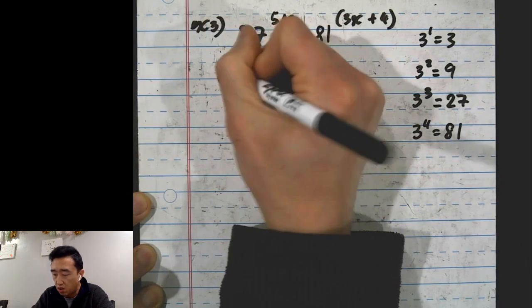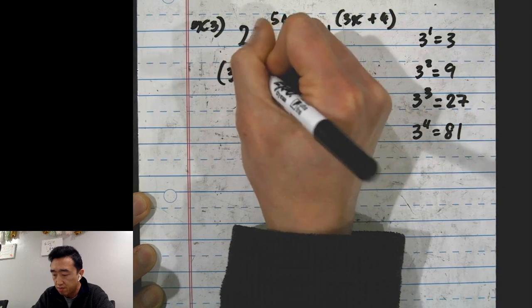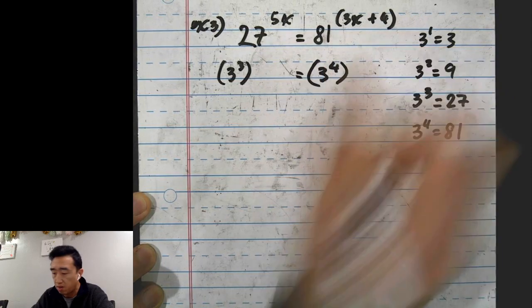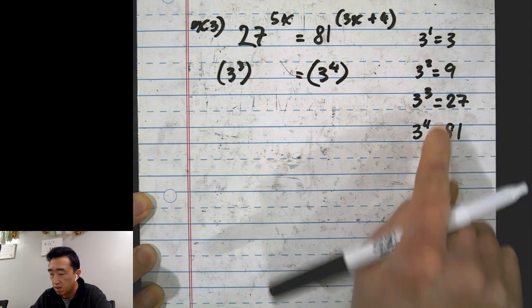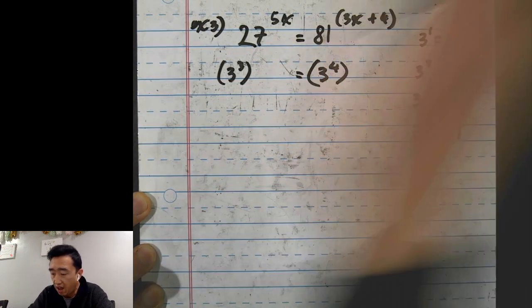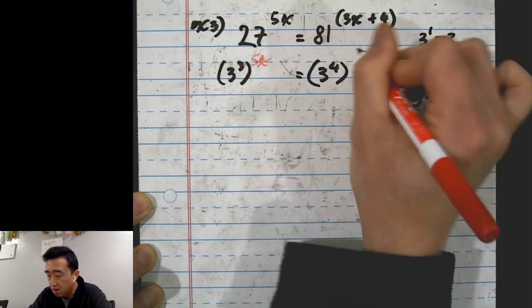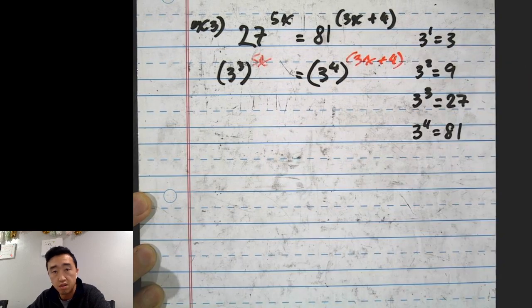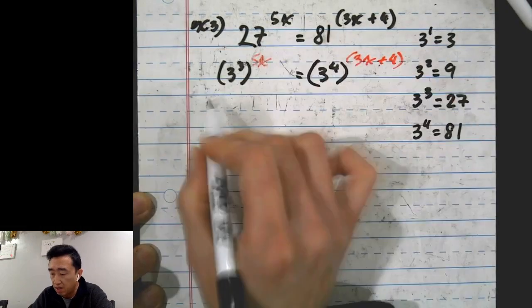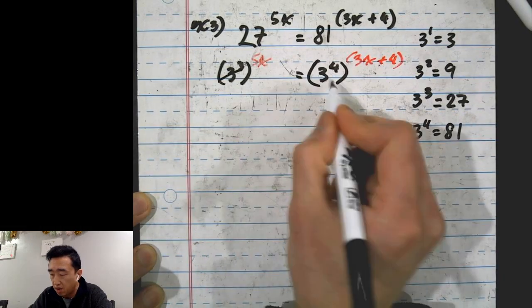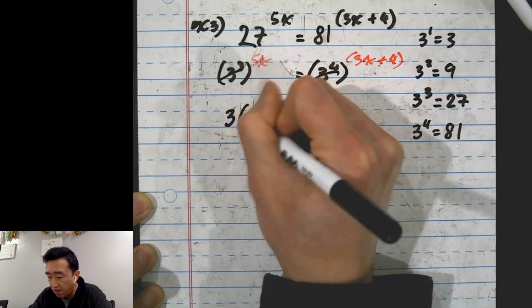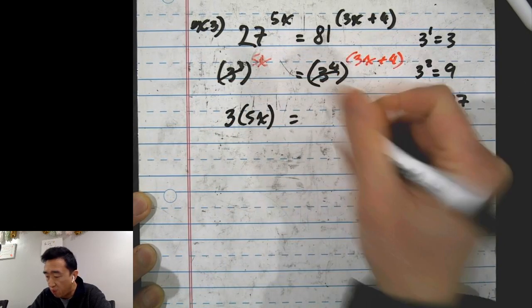So I can change this into 3 to the third, and I can change the 81 to 3 to the fourth, right? And then I have the 5x here, and I have the 3x plus 4 here. And all I have to do is, now that the bases are the same, I can go ahead and get rid of those bases, and I have 3, 5x, and 4 exponents.